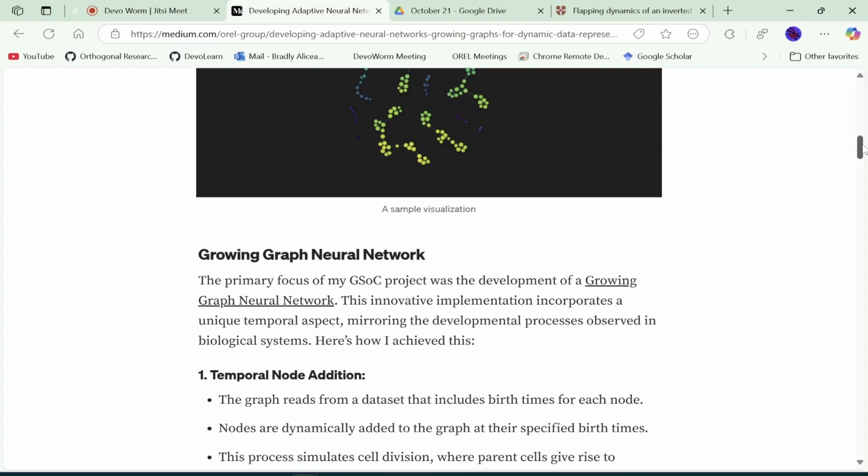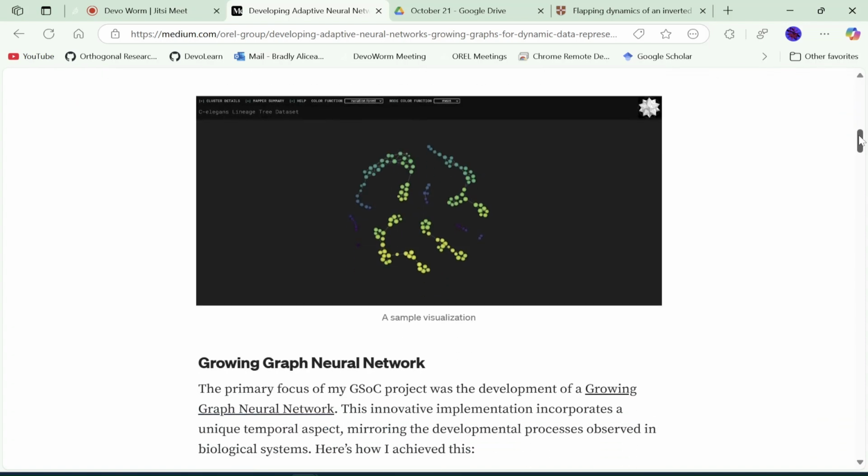Mehul did some work on hypergraphs that were graph neural networks, and Pocky was just doing a standard graph neural network where we had this growing network. The idea is that in an embryo, you have a lineage tree. The lineage tree unfolds by having a single cell that divides and does this repeatedly until you get to differentiated cells.